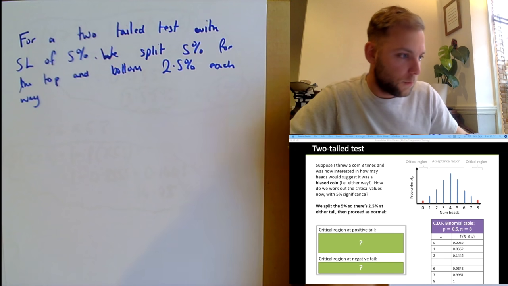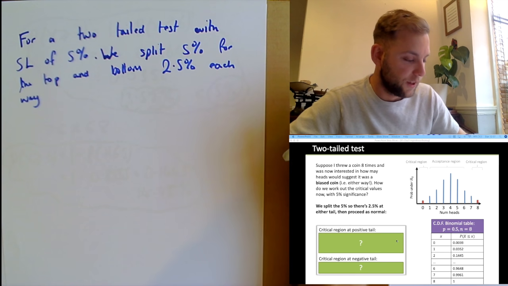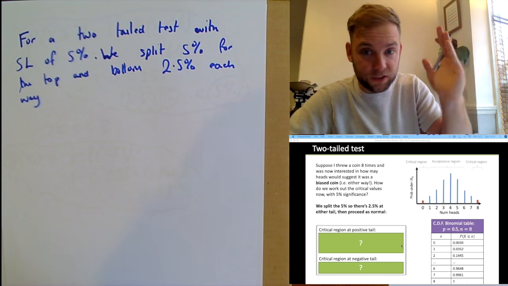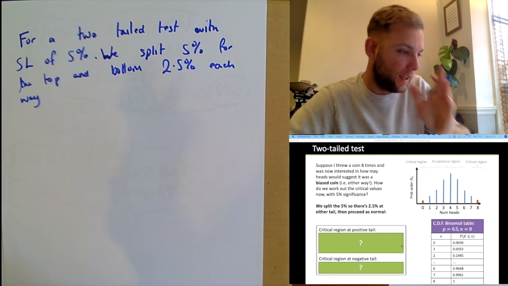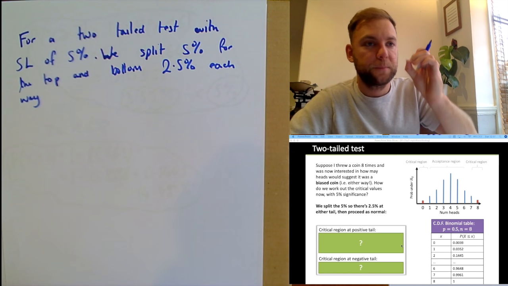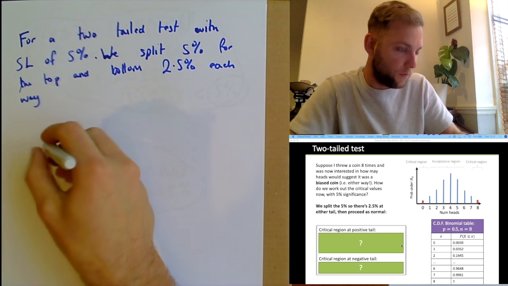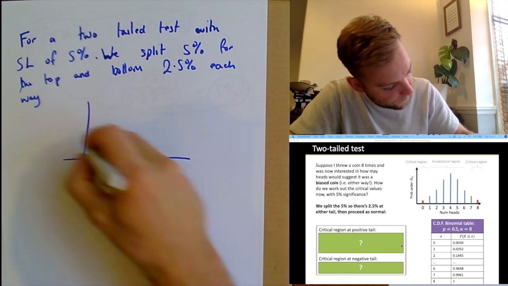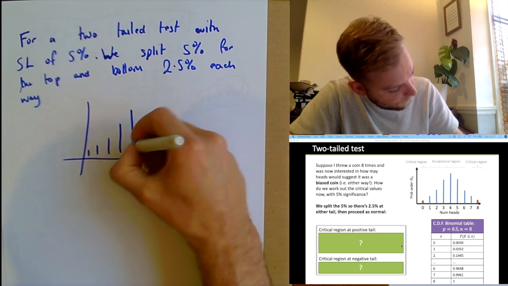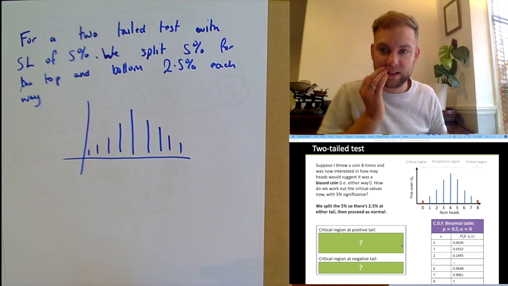So for the positive tail, in this case for 8, when it's greater than, we're looking at when does this go above 97.5? So here we've got our test here.